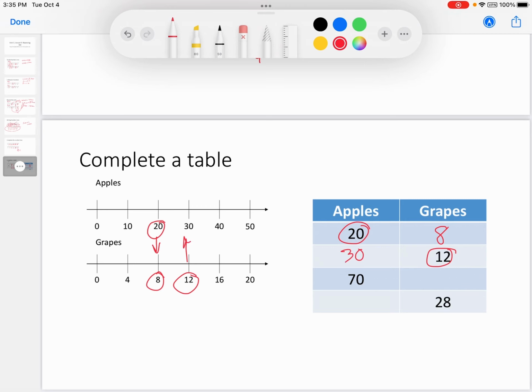Then this is 70. 70 is way over here. Well, I can get from 10 to 70 by multiplying by 7. So then we have to do 4 times 7 also, and 4 times 7 is 28. And look at that, I messed up. So if it's 28 over here, it must be 70 over here.